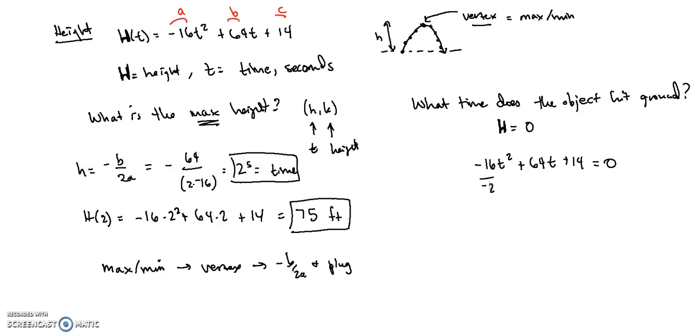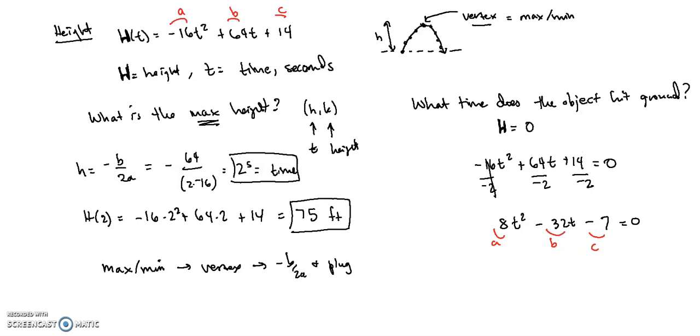I would go ahead and divide everything by negative 2 just to make the quadratic formula a little bit easier. So we'd have 8t squared minus 32t minus 7. So there's your A, there's your B, and there's your C. It's not going to factor, but that does make your life a little bit easier.